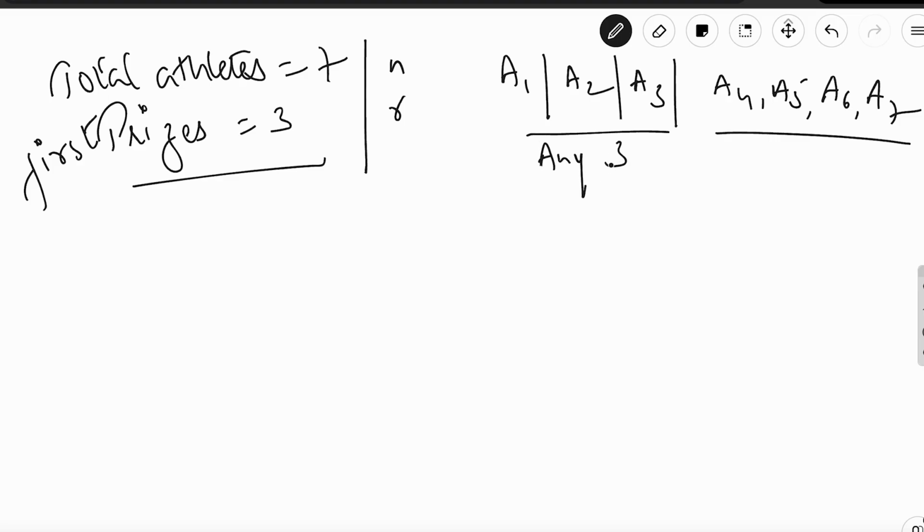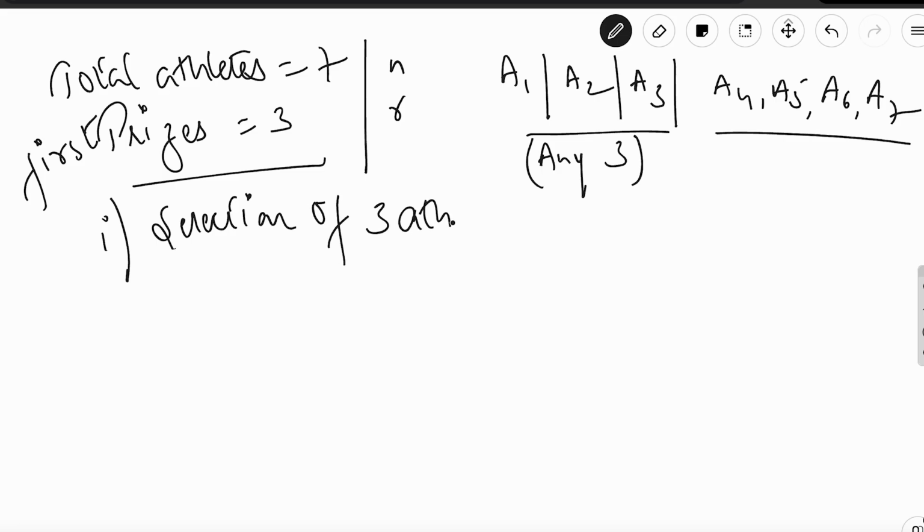So first it's talking about selection of 3 athletes out of 7.